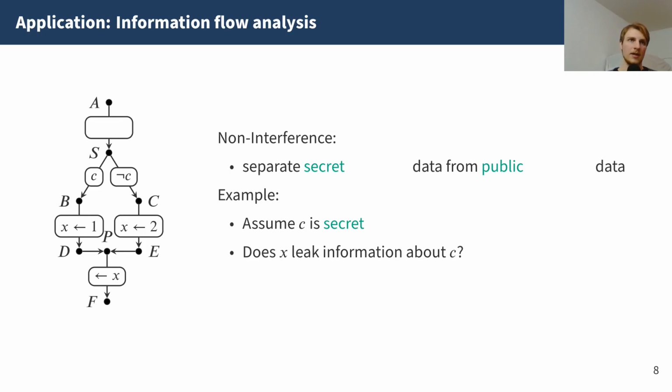And the question now is whether the output of X leaks information about C. It turns out that this is actually the same question as asking whether X is uniform at P when C is varying. So we can treat secret variables as varying and public variables as uniform and solve non-interference using a uniformity analysis.